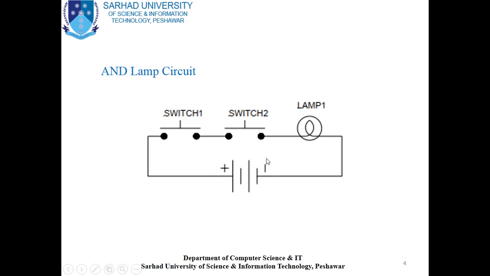So in this case, switch 1 and switch 2 are two switches which should be pressed at the same time, then lamp 1 will glow. So this schematic diagram is about the AND lamp circuit. So we will switch to the next slide.